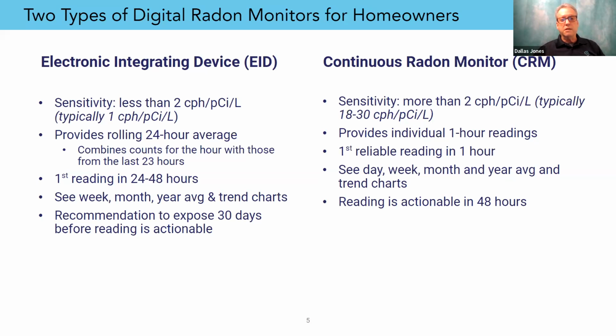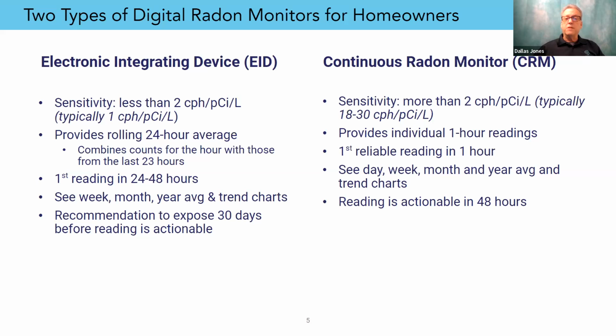An electronic integrating device doesn't gather enough counts in a single hour to be able to report a 1-hour reading like your professional monitor. Instead it provides a rolling 24-hour average. Any counts that it collects during the current hour are added to those collected for the previous 23, and then it reports the average for that 24-hour period.